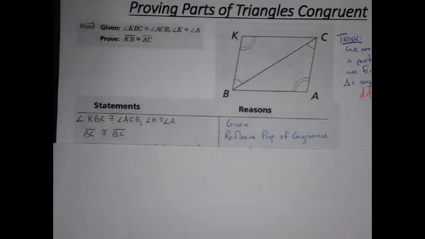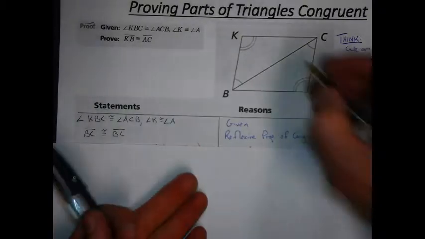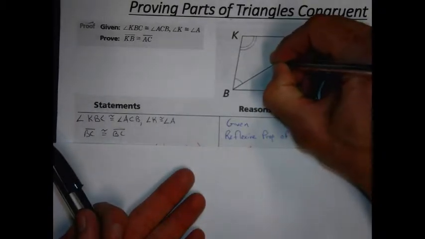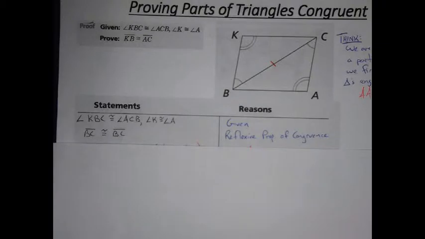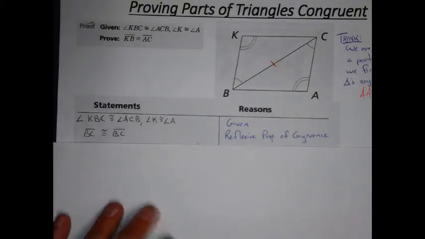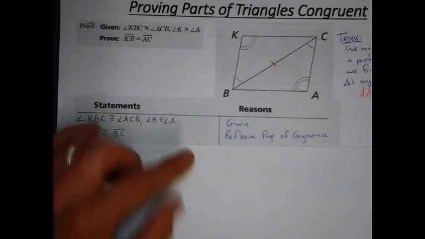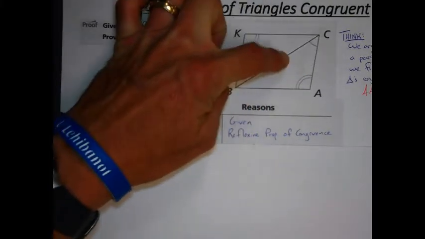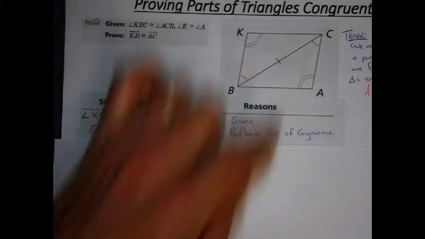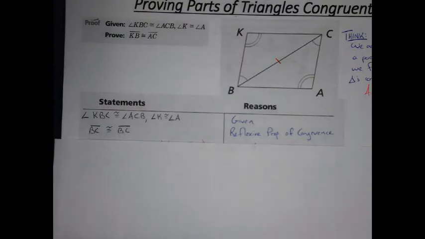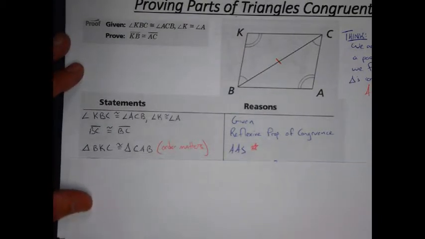We can now establish that segment BC is congruent to itself. That's the reflexive property of congruence. And so now we have, just like in the previous lesson, angle, angle, side. And now we can establish that both triangles are congruent.